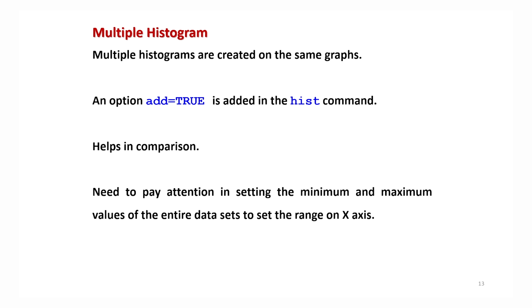So, one histogram is trying to take care of one data set. Now, if you want to compare more than one data set, that can be 2, that can be 3, or any number, then don't you think that if you can create the histogram of different variables in the same chart, then it will be easier for you?